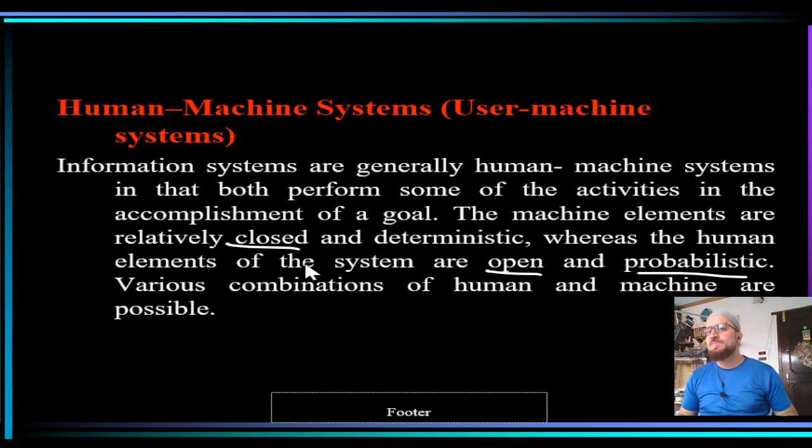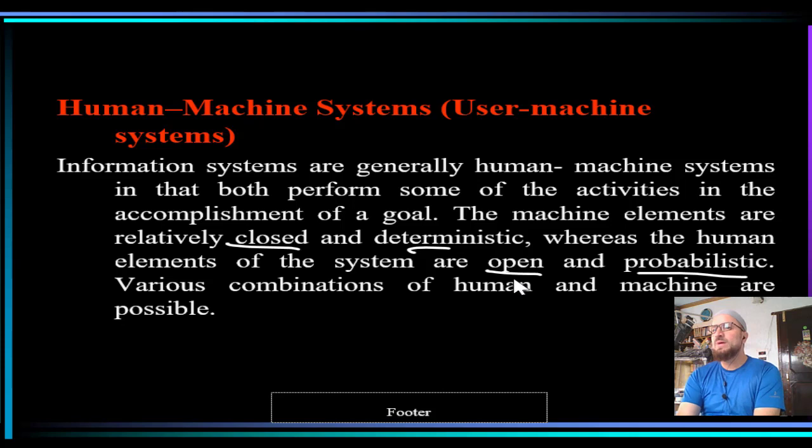And they are probabilistic, they may behave differently. But in case of your machine, the machine is a closed system, it has particular rules to follow, it will exactly do what we know. If we give this input, the output is going to come like this. So that's why it's a deterministic system and it is closed.